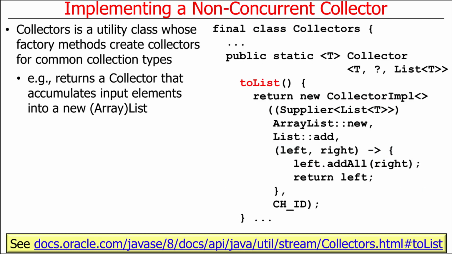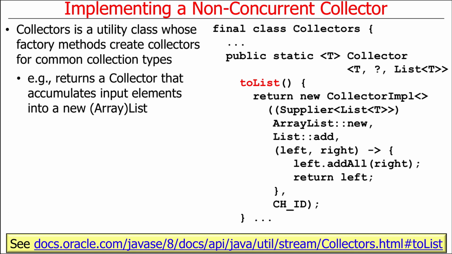So here's an example where we have the class Collectors, and it has a toList method, which you've seen many times before now. And toList is a static factory method that returns a Collector. What it does is it goes ahead and makes a new instance of something called CollectorImpl. We'll look at CollectorImpl in a second. And CollectorImpl takes a bunch of parameters. One of the parameters it takes is the factory method to make a new ArrayList.